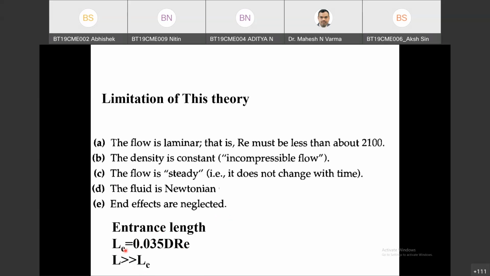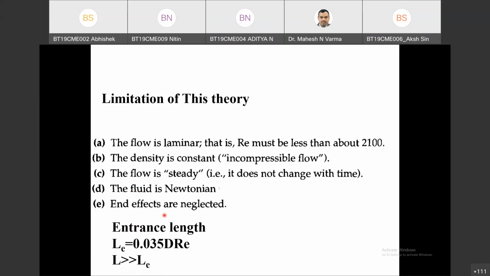This entrance length LE will be 0.035 times diameter times Reynolds number. So L should be very large as compared to LE. At least LE should not be greater than 1%, so L should be at least 100 times larger than LE. Then only I can neglect this end effect.